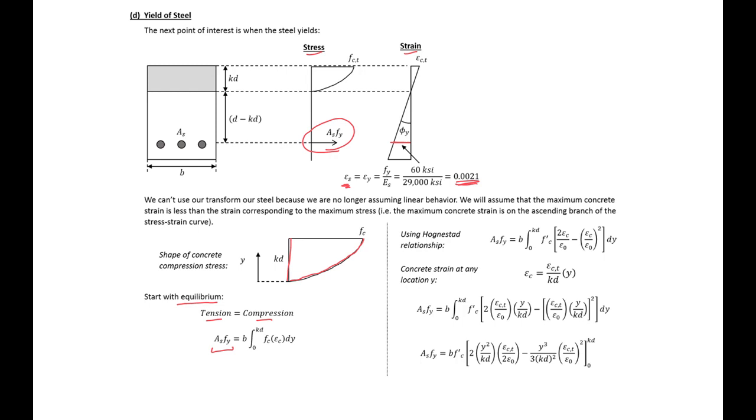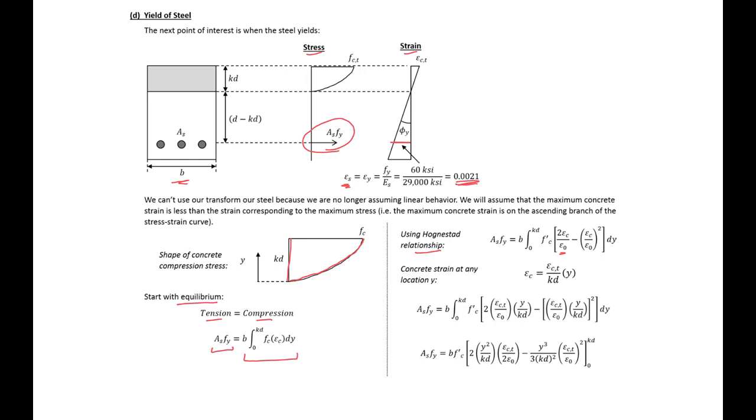Our compression is b, the width of our section, times the area of our stress curve, so the stress integrated over the depth kd. We're going to use Hognestad's relationship, which we mentioned earlier, where we'll have a parabolic curve up to the top. Our epsilon naught, we know that's a given, and our epsilon c is what we're integrating over.